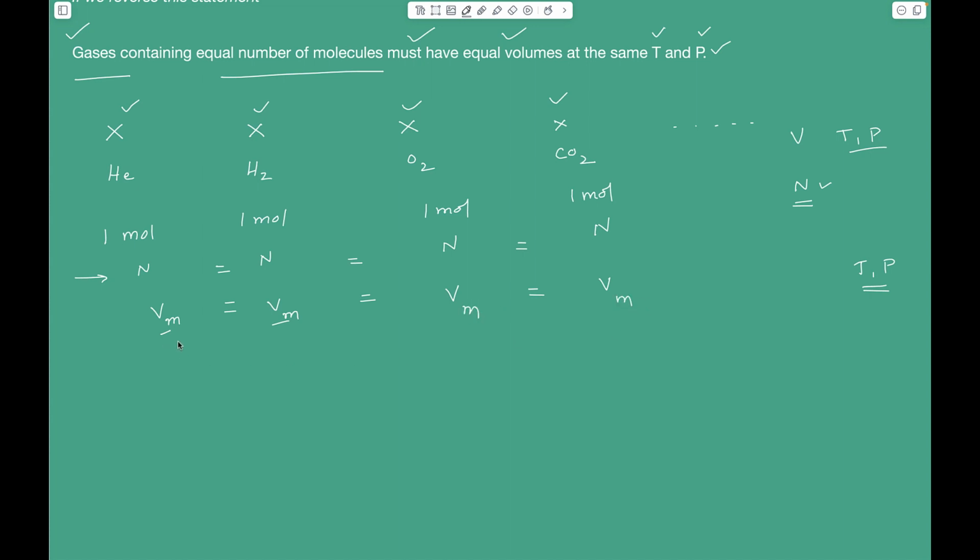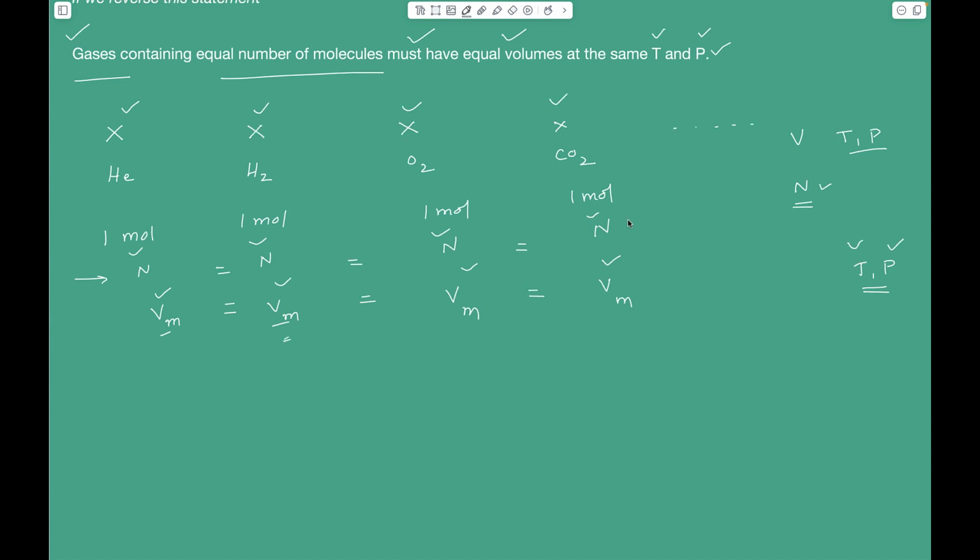So what we understood here is the molar volumes of all gases is the same when measured at the same temperature and pressure, because they have the same number of molecules. So remember, the molar volume of all gases is the same when measured at the same temperature and pressure, because they all contain the same number of molecules.